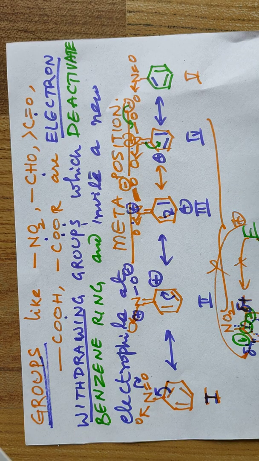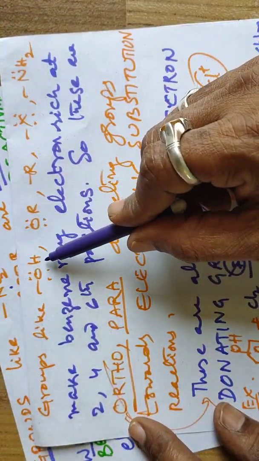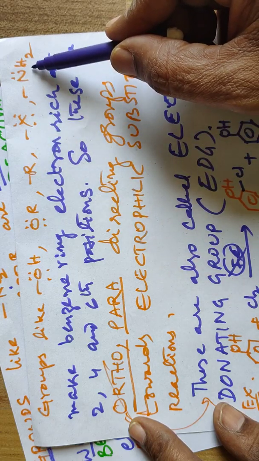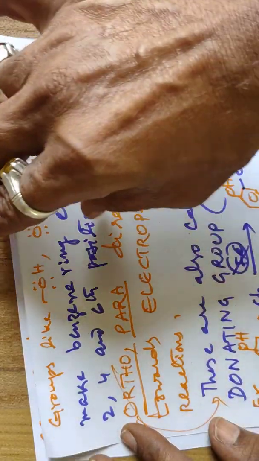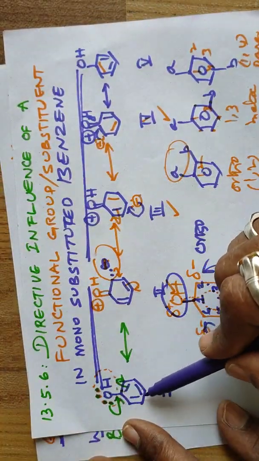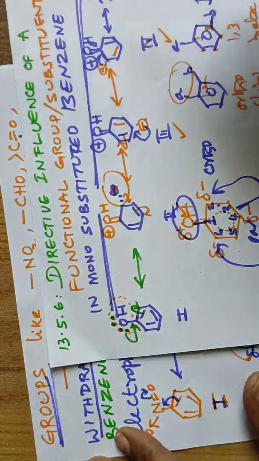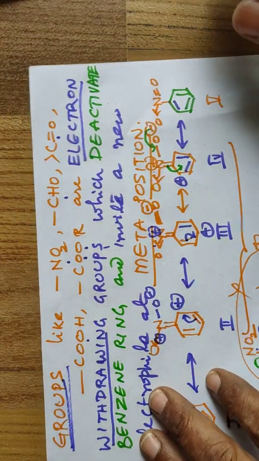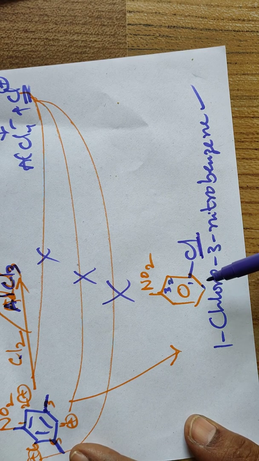Whereas electron donating groups like OH, that is alcohols, ethers, alkyl groups, halogens, amines, donate electrons due to resonance and make the benzene ring more electron rich. The ring is electron rich here, and electron deficient there, so the electrophile attaches at the third position, that is meta directing groups.